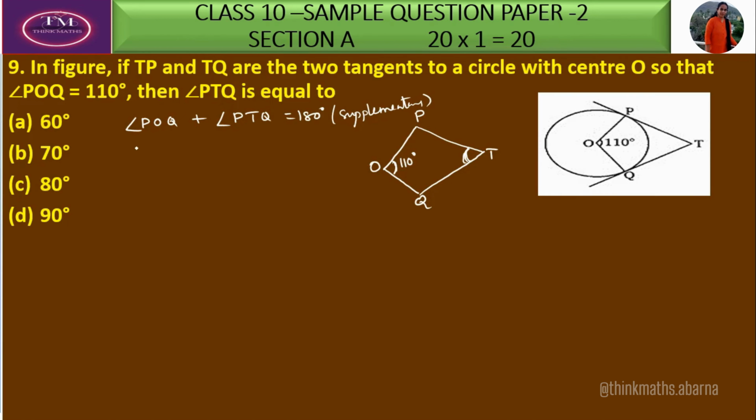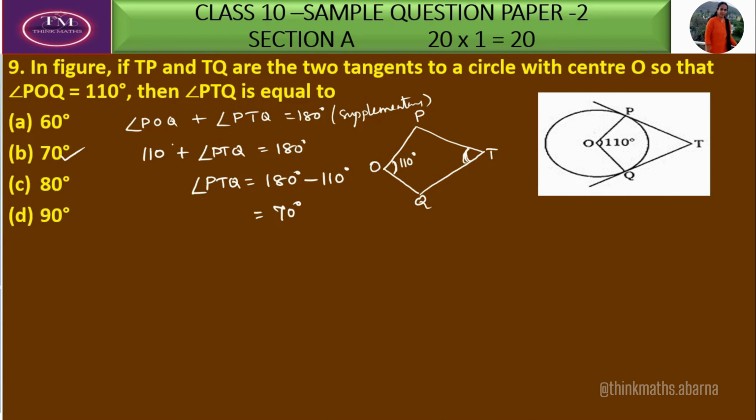So what is angle POQ? It is 110 degree plus angle PTQ equal to 180 degree. So angle PTQ will be equal to 180 degree minus 110 when we change the sign. If we subtract, we will get 70 degree.